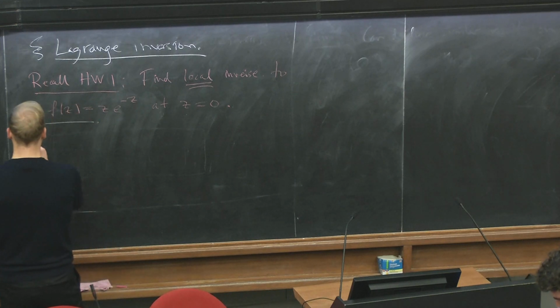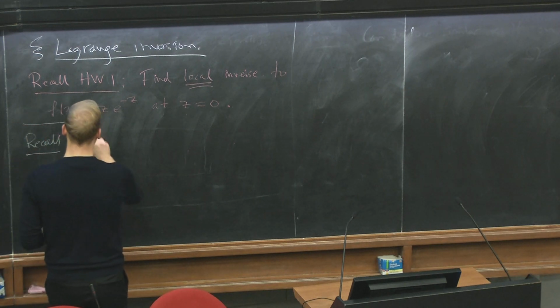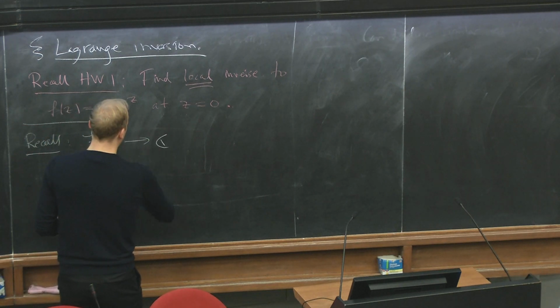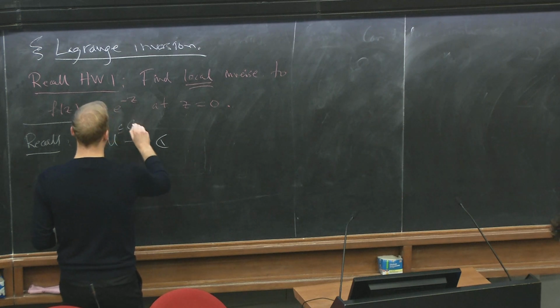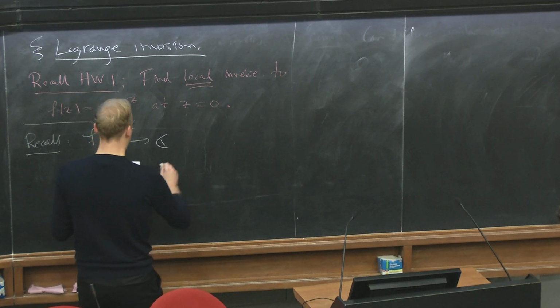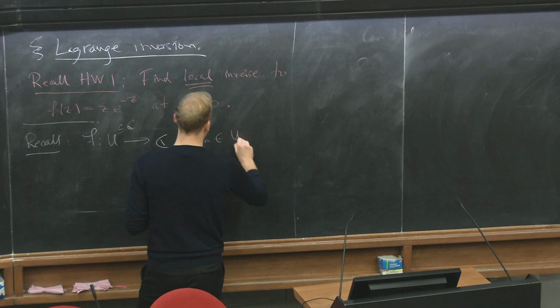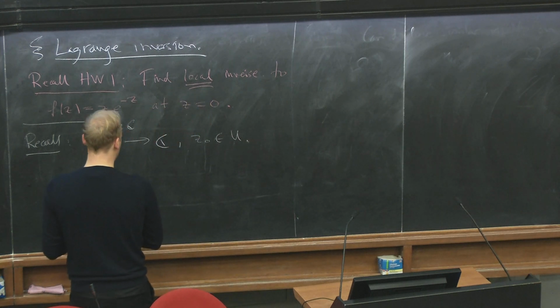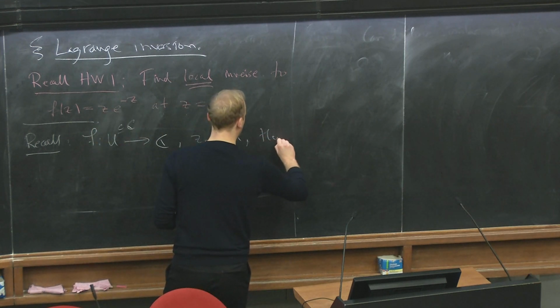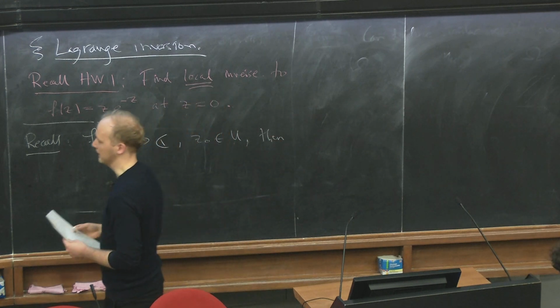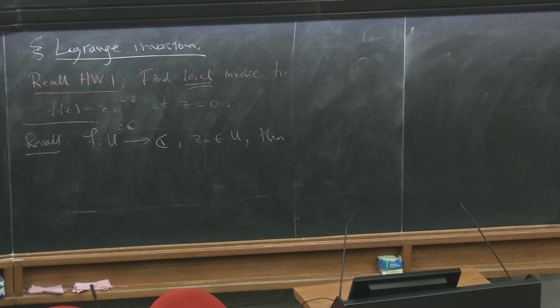First, let us recall something about the local behavior of functions. If we have f, a map from U into C, and Z0 is some point in this open set U, then how could you tell the existence of a local inverse? Do you remember this condition?